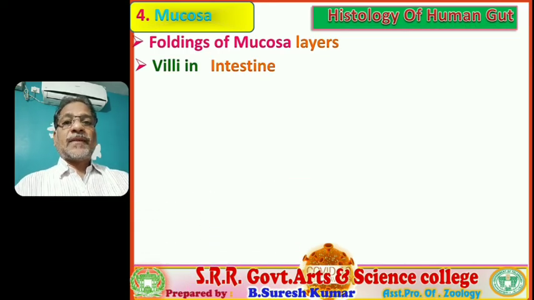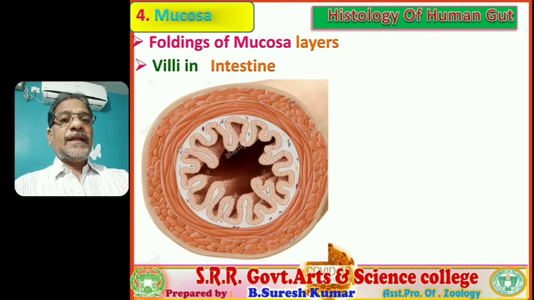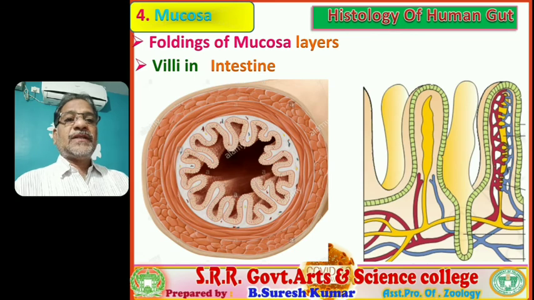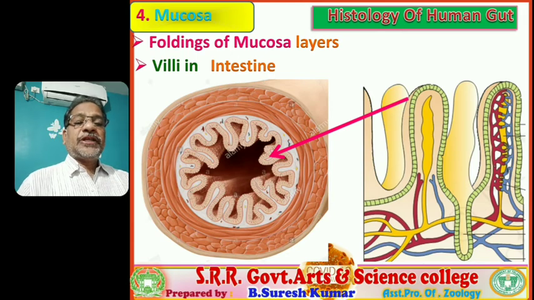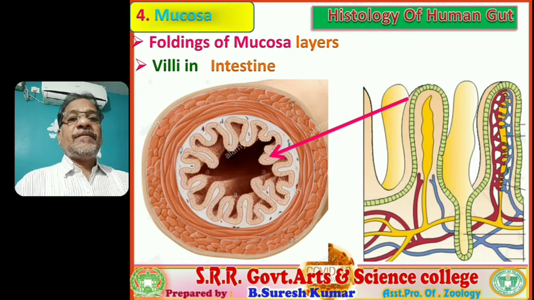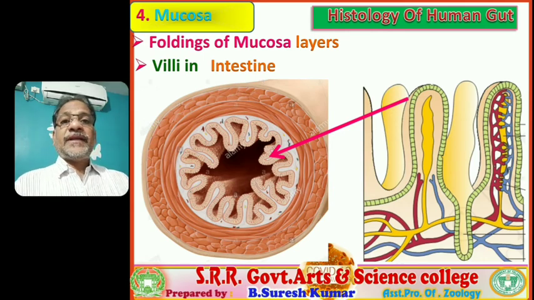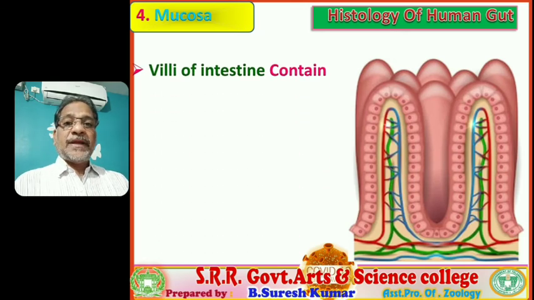Next, villi. In the case of the intestine, it is called villi. They are finger-like projections. You observe these two visuals. The surface is lined by columnar epithelium, and if we observe the columnar epithelium, it contains microscopic projections, outward extensions of the plasma membrane.